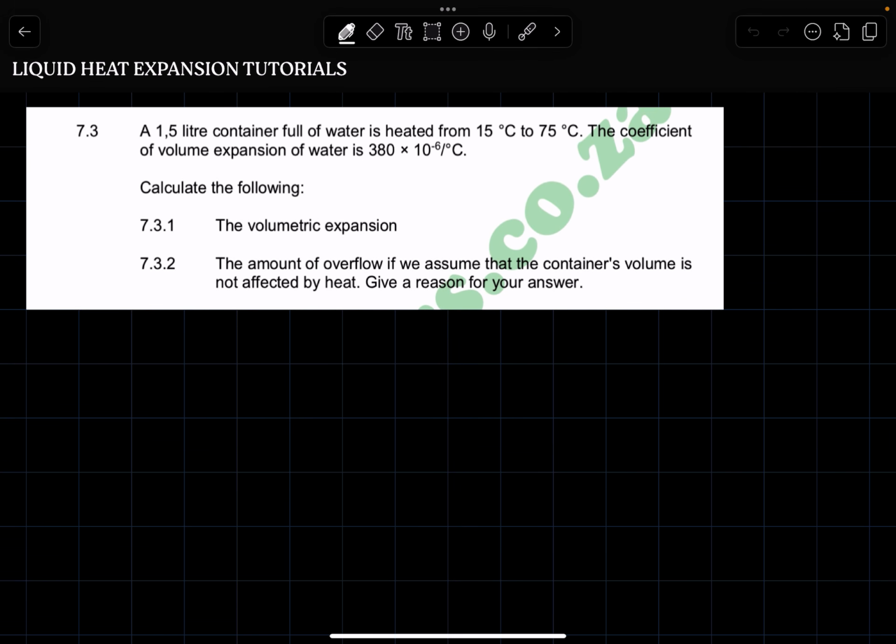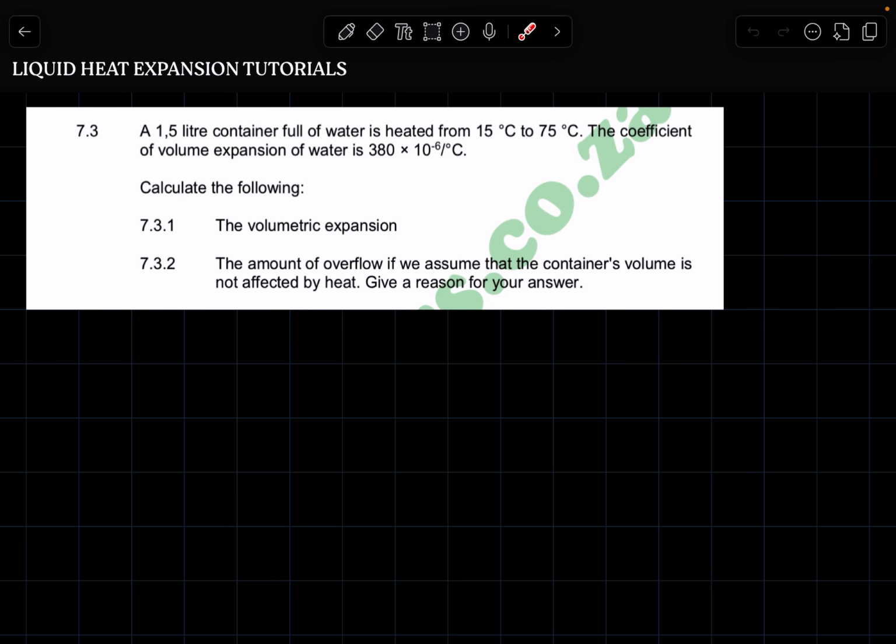It reads as follows: a 1.5 liter container full of water is heated from 15 to 75 degrees. Now they said a 1.5 liter container full of water, meaning that the capacity of the container is 1.5 liters, and it is full of water, meaning the container is at its capacity, and it is heated from 15 to 75 degrees.